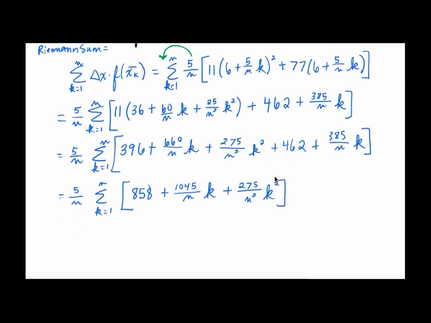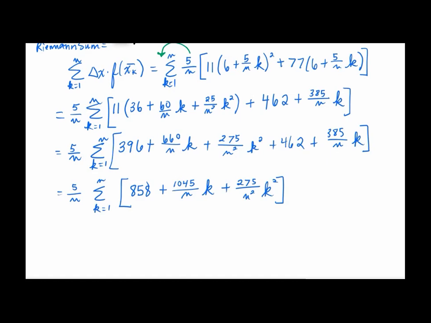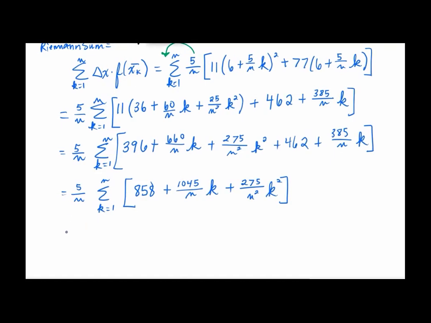So after we have distributed and combined like terms, now we can go ahead and apply the summation rules, of which there are two. One says the summation of a sum can be split into sums of summations, and also we can pull constants out to the front of the summations. And then after I do that, I'm going to apply the power sum formulas. So we have 5 over n times, my first one is the sum of 858, which I'll just leave as is, even though it is a constant, that's fine.